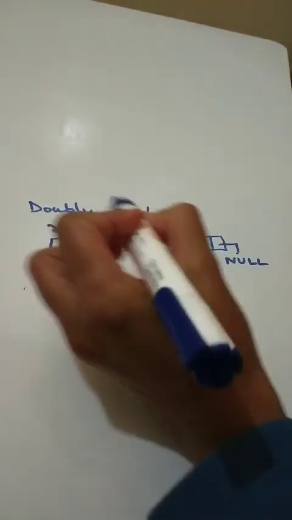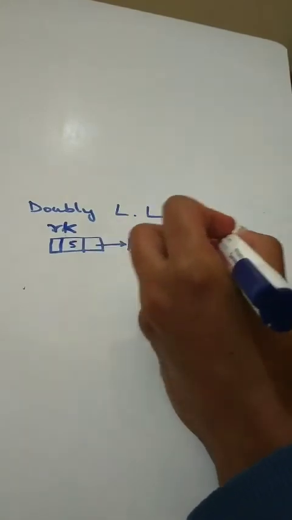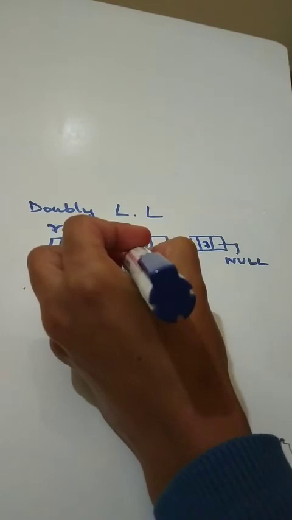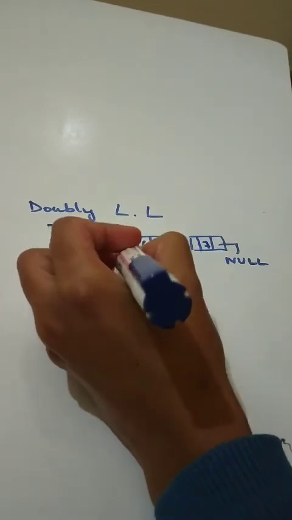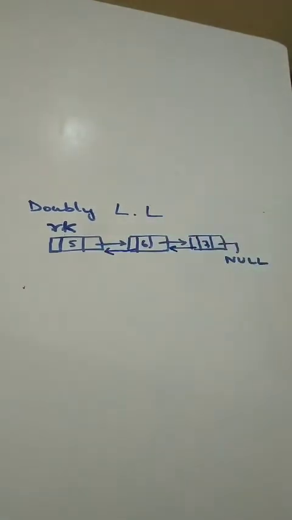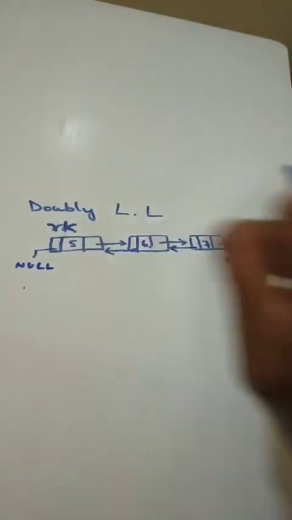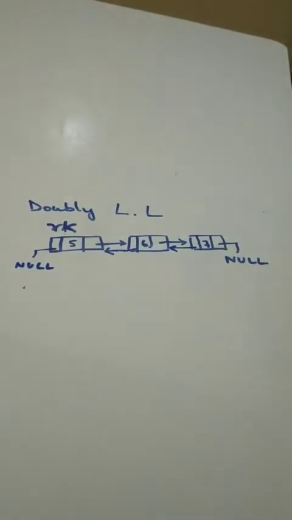So this will be the value, this is the pointer pointing to the next node, and there will be another pointer that will point to the previous node. Obviously the first one will point to null since there is nothing previously. So that is a doubly linked list.